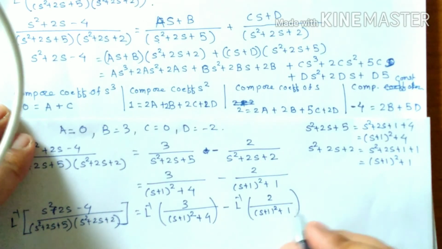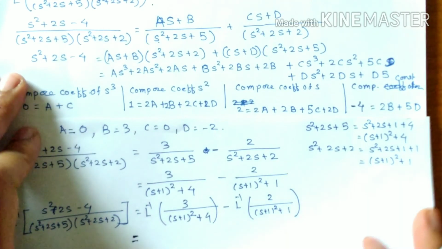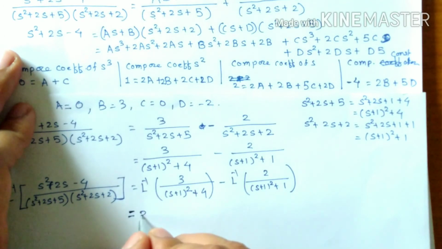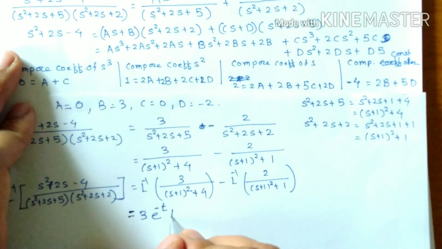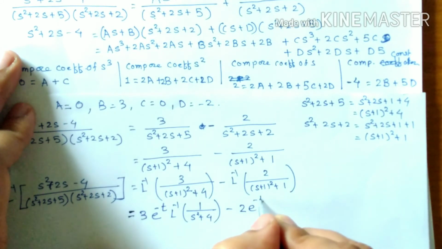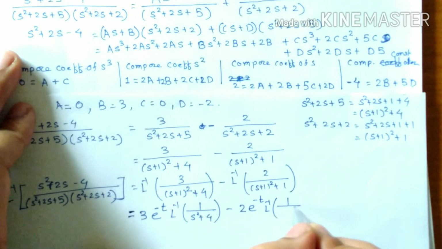So my answer becomes, 3 I am taking outside. Now plus 1 also I am taking outside, and its impact is e raised to minus t into L inverse of 1 upon s square plus 4, minus 2 also outside, e raised to minus t into L inverse of 1 upon s square plus 1.